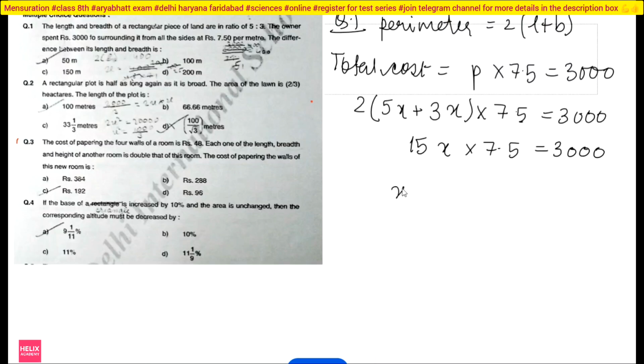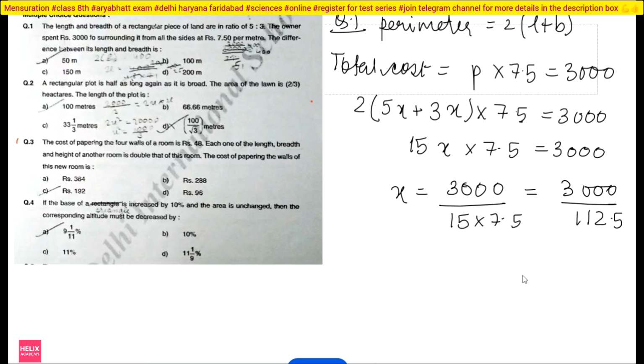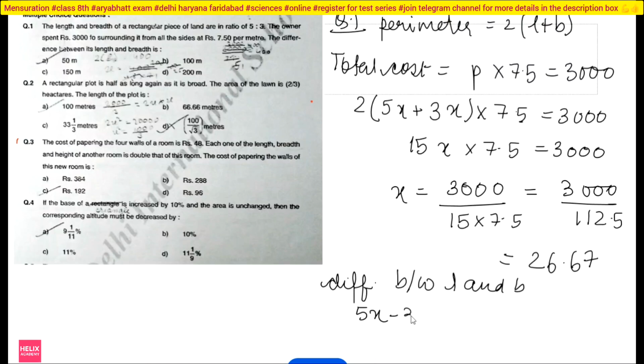So x will be 3,000 divided by 15 into 7.5, that is approximately 3,000 divided by 112.5, or 26.67. Now they are asking about the difference between length and breadth, so 5x minus 3x is equal to 2x. 2 into 26.67 is approximately 50 meters. Approximately 50 meters will be the answer.